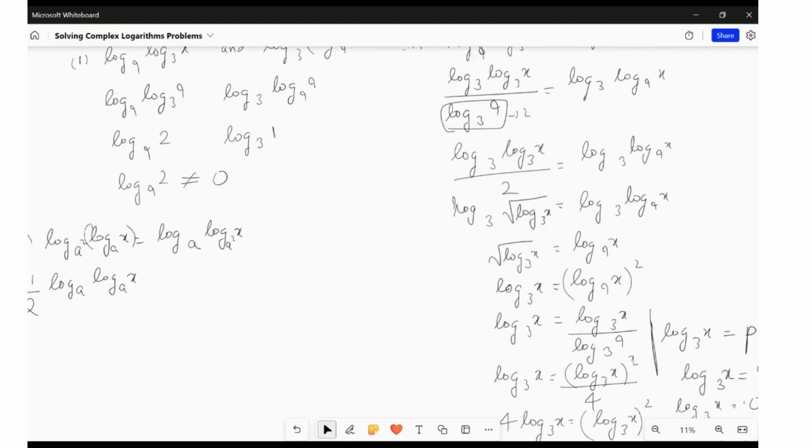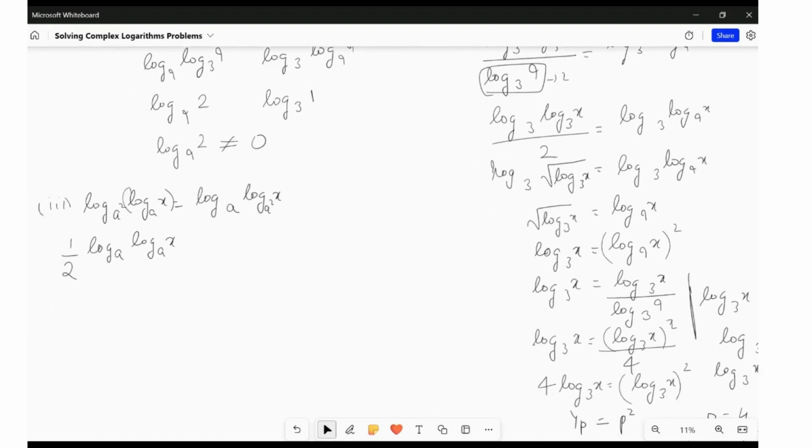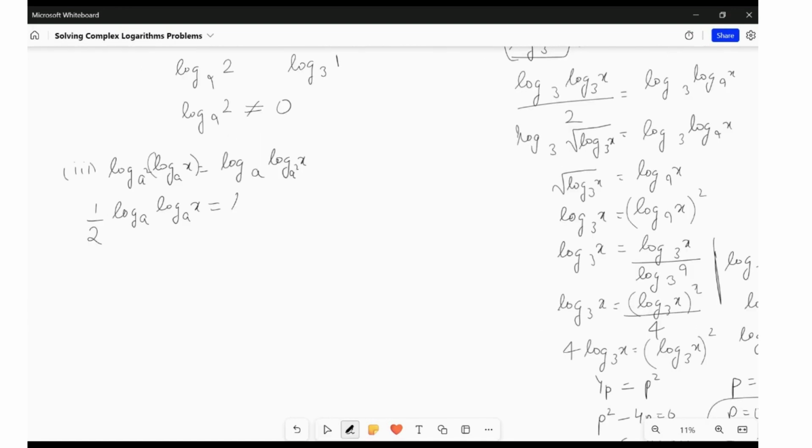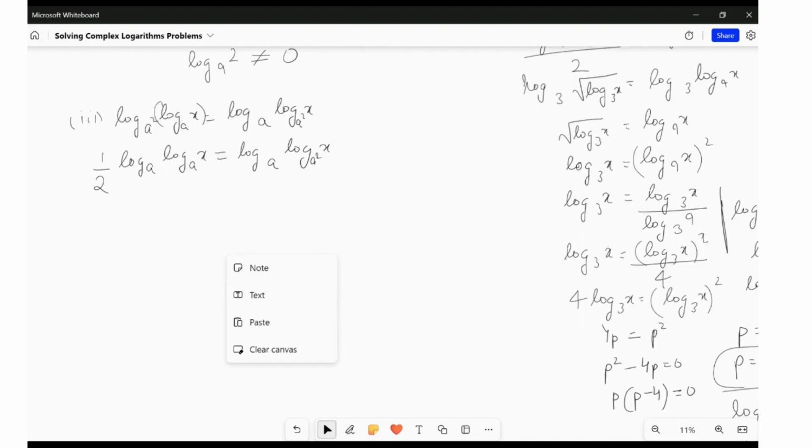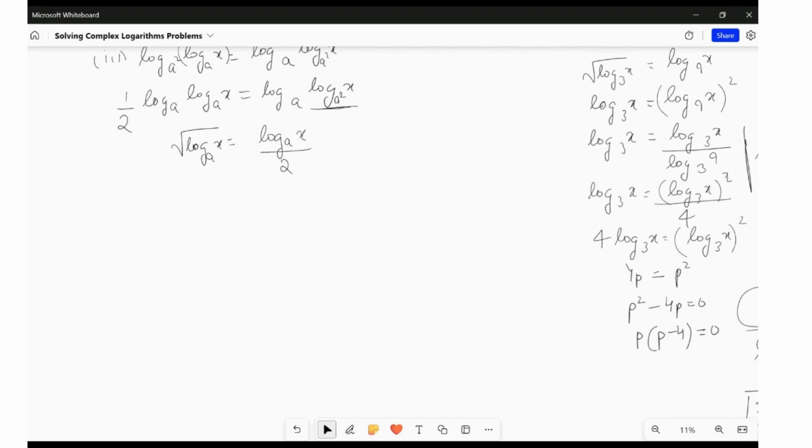Then we wrote it as half into log of log x base a, which is similar to this, right? And in this we have log x base a square. We took this root here, so root of log x base a is equal to log x base a by 2 again. We took this because we have log x base a square, so we just wrote it in this form.